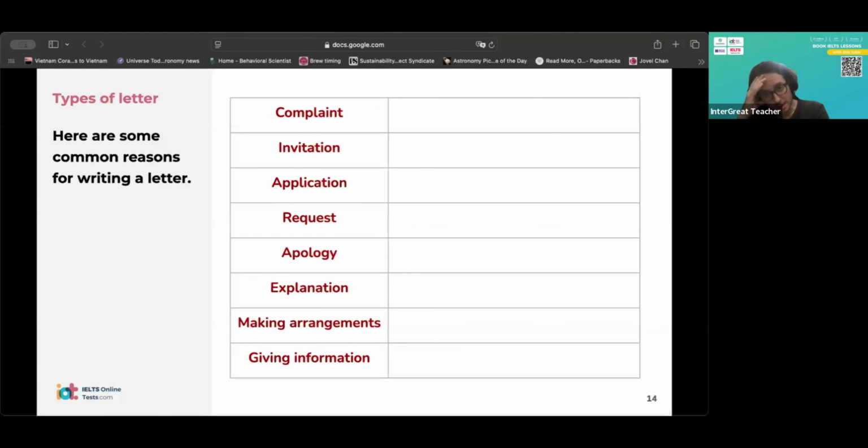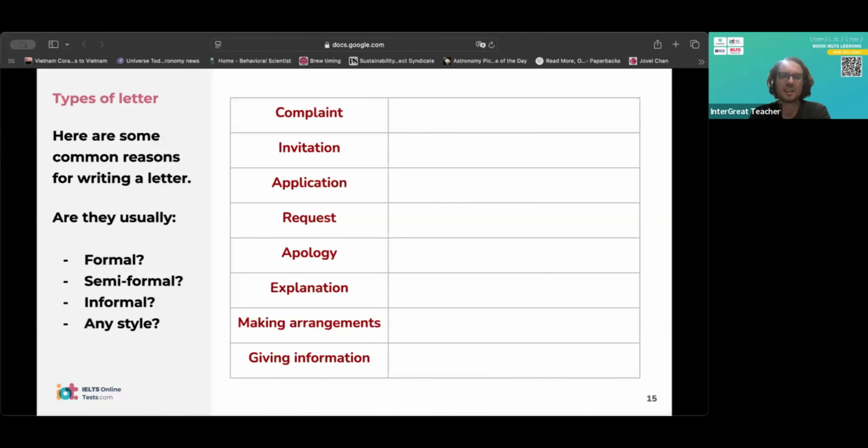So yeah, these are all the types of different reasons that we may be asked to talk about on this task, and we can also go through and decide which style we should write this letter in. As you can see, complaints would be formal, invitation would be informal, perhaps semi-formal.